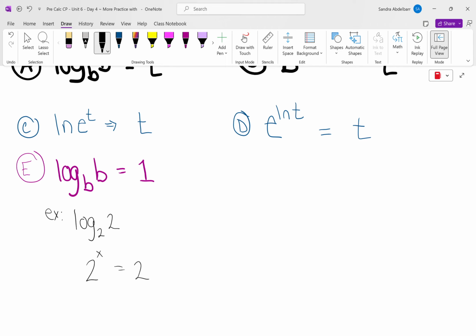And the very last rule is going to be log base b of 1 is equal to 0. An example would be log base 2 of 1.